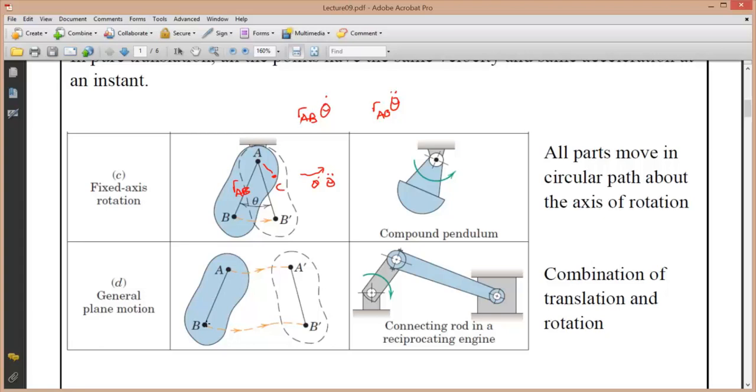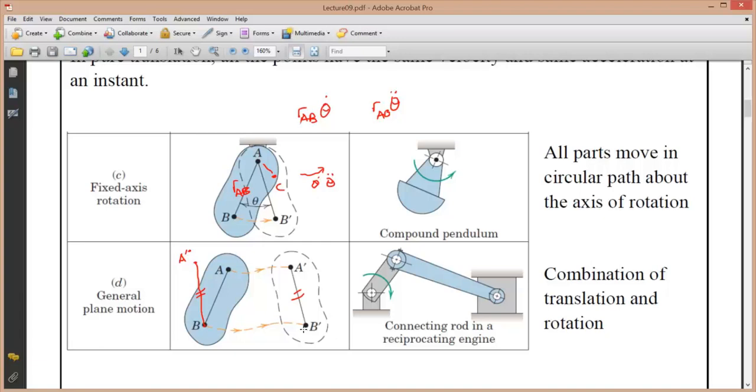We can first do a rotation about a fixed point, for example point B, rotate it so that this is parallel to the next sequence line, and let's call this A double prime. And then we can move the rigid body from B to B prime. This is a way to investigate.